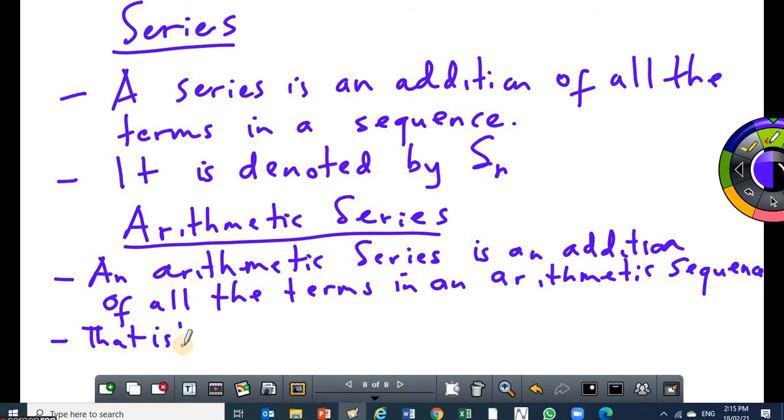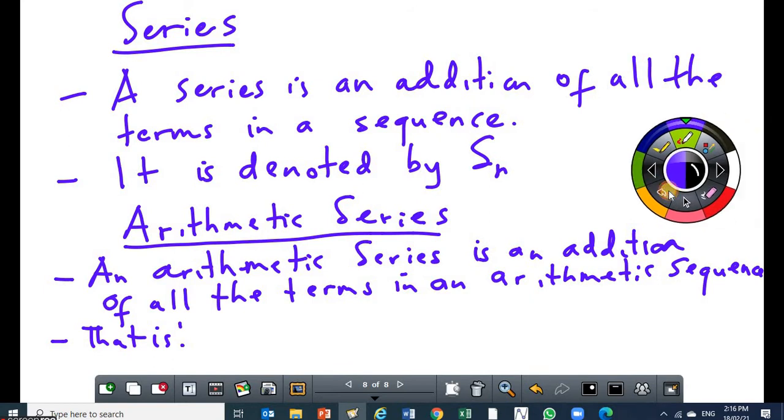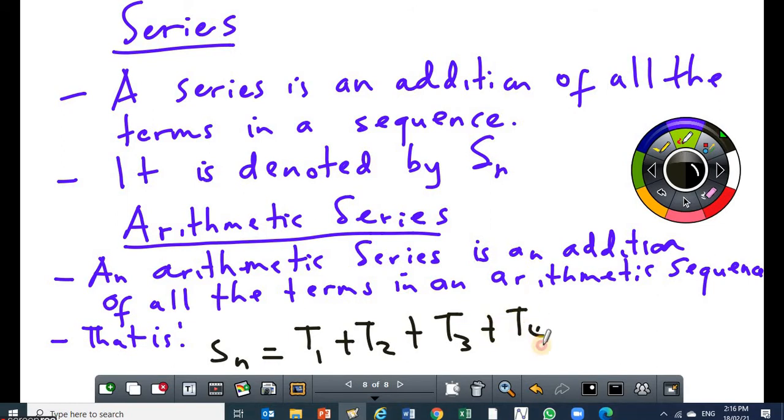If I use T, when I write my series for an arithmetic sequence, it will be Sn equals T1 plus T2 plus T3 plus T4 plus up to Tn. So a series is just an addition of all the terms in a sequence. In this case, we are talking about an arithmetic series. So all the terms in an arithmetic sequence, if we add them, will form what is called a series.